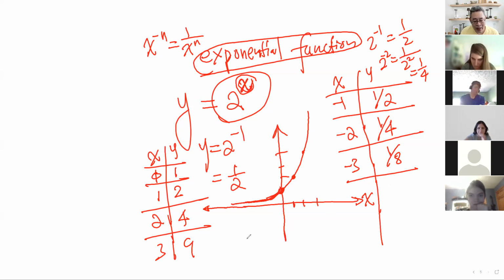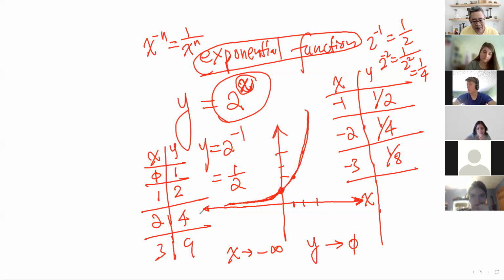So we write: as x approaches -infinity, y approaches 0, but will never touch the x axis. This is the graph of an exponential function. It stays pretty small for a long time, but when it crosses a threshold, it can become pretty big pretty soon.